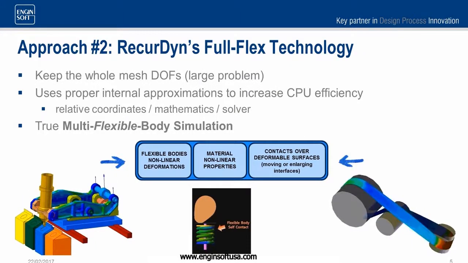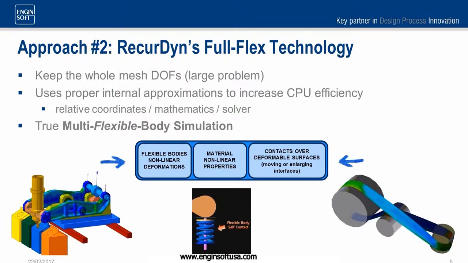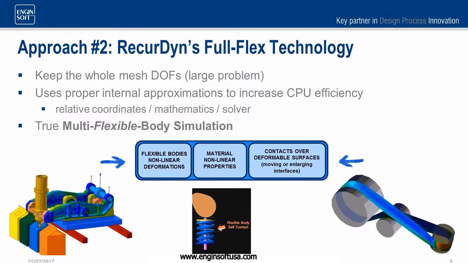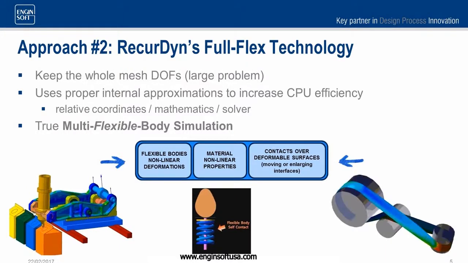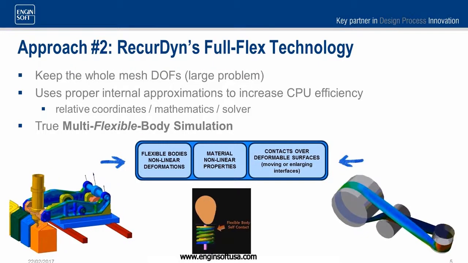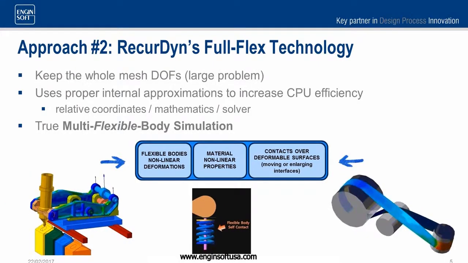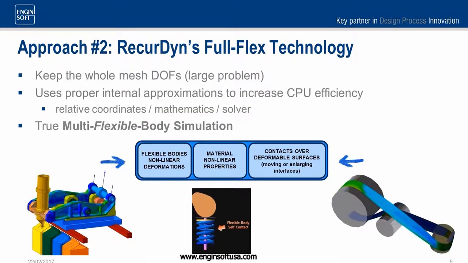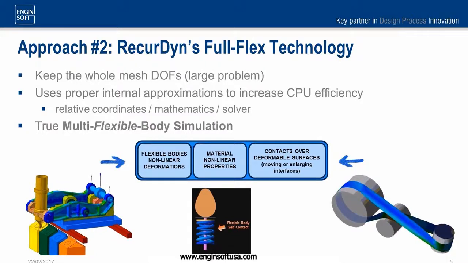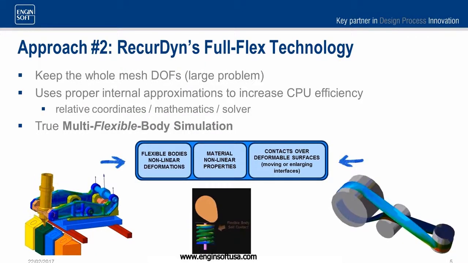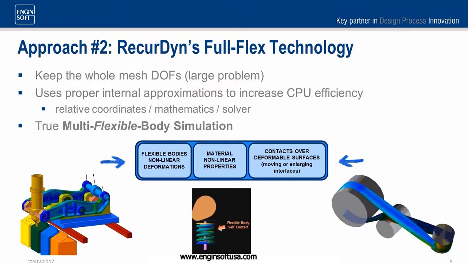With this approach, RecurDyn doesn't perform any kind of simplification, but instead it keeps the finite element bodies in the multi-body environment. And so it can provide a true integration of the finite element calculation inside the dynamic analysis. Only some minor approximations are applied in the solver mathematics in order to improve the CPU efficiency.